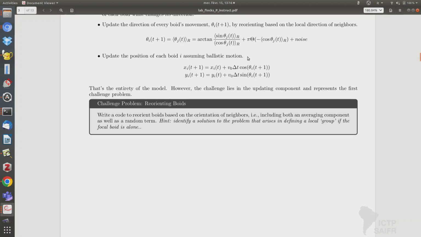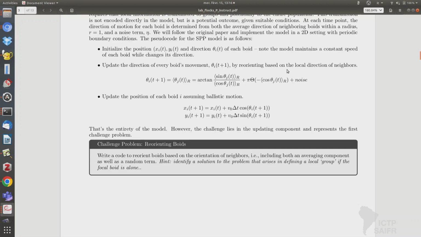You cycle over the birds and you cycle over t. In this sense, if you want, the loop structure of this code is similar to the one we did for the stochastic game in the last computational lab, in the sense that you need to loop over time, you advance time yourselves. It's not an ODE integrator, and you need to cycle over all of the individuals in the population.